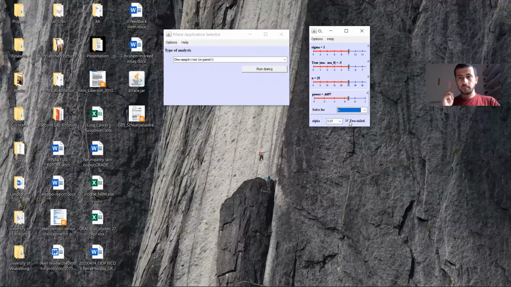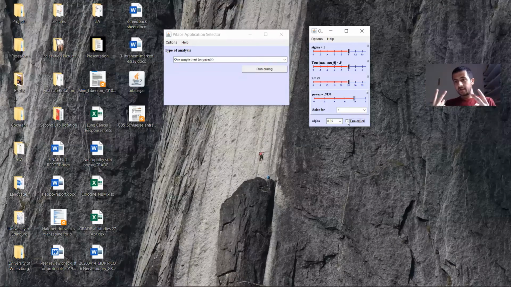Okay, and you remember that when I am actually sure that those in the hospital are overweight, then I don't need a two tail. And if I remove this tick, the power will jump higher. Why?